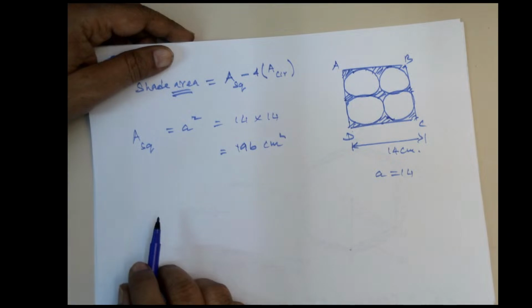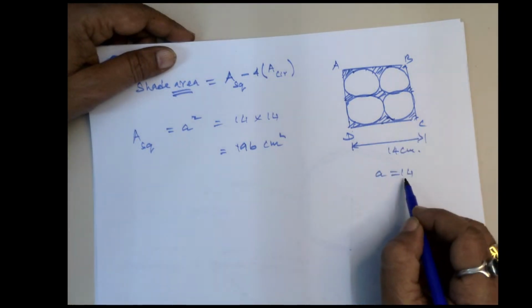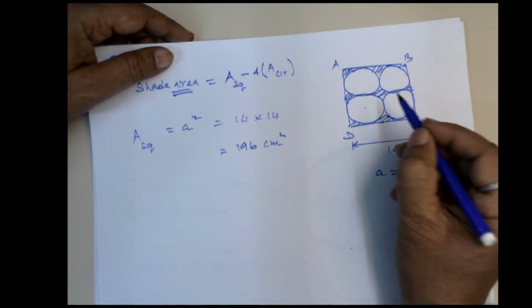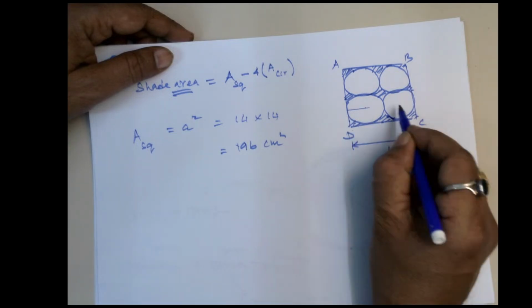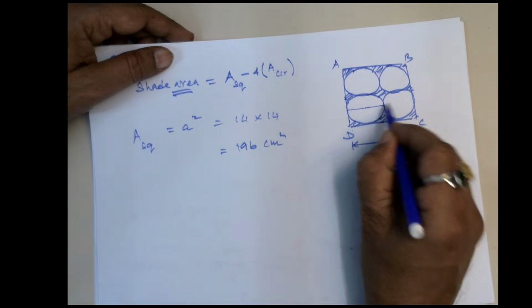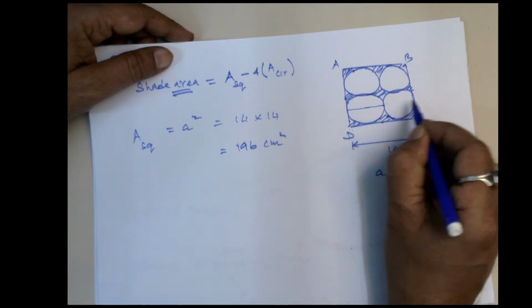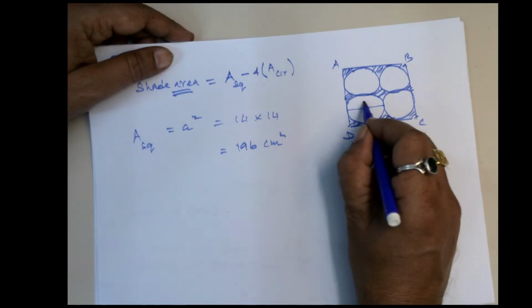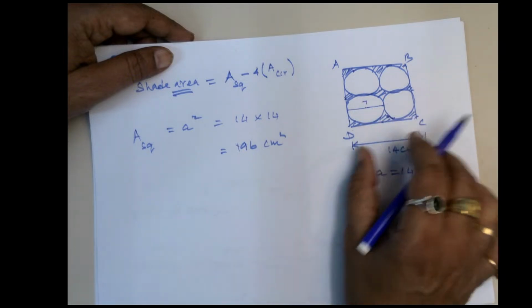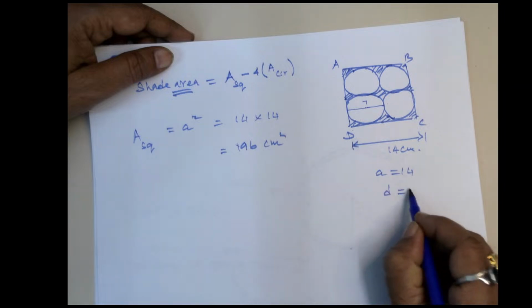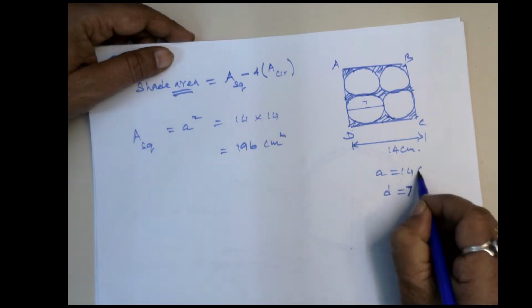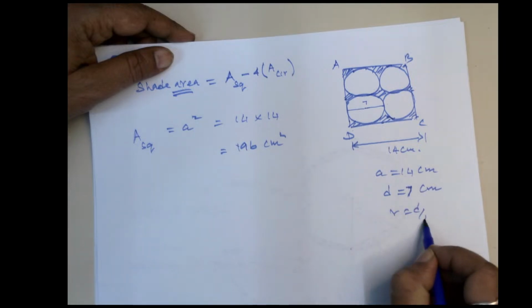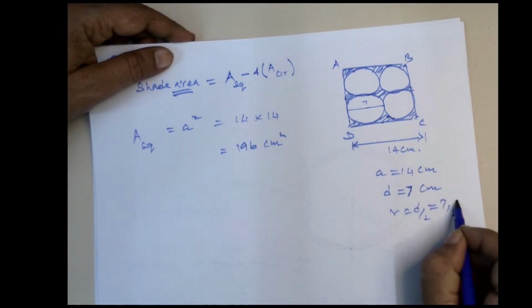Then, now you have to find out the diameter from which you can calculate the radius. So if these two circles just touch each other, in that case, the diameter is 7, is it not? Half of the side. So diameter is 7 centimeter. Therefore, R is equal to D by 2, 7 by 2 centimeter.